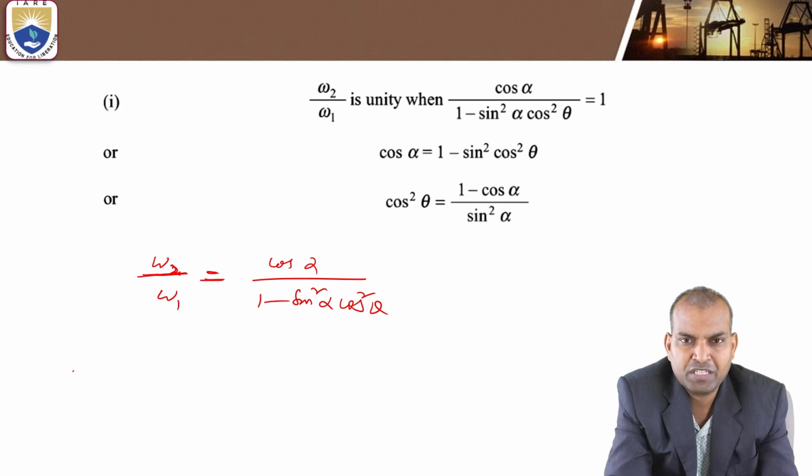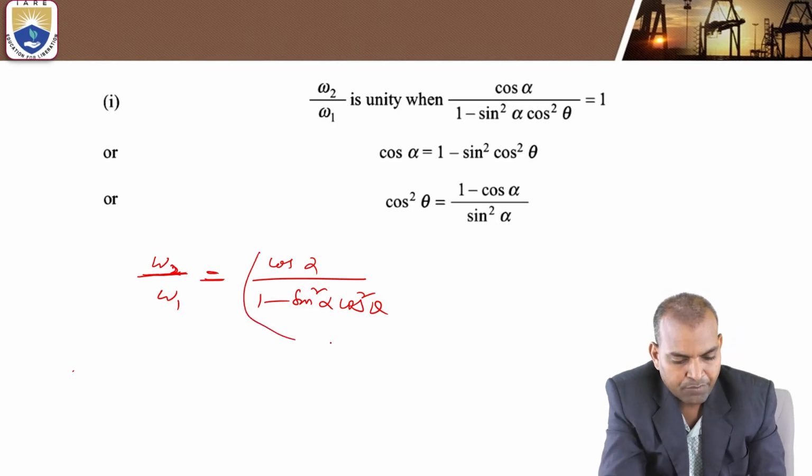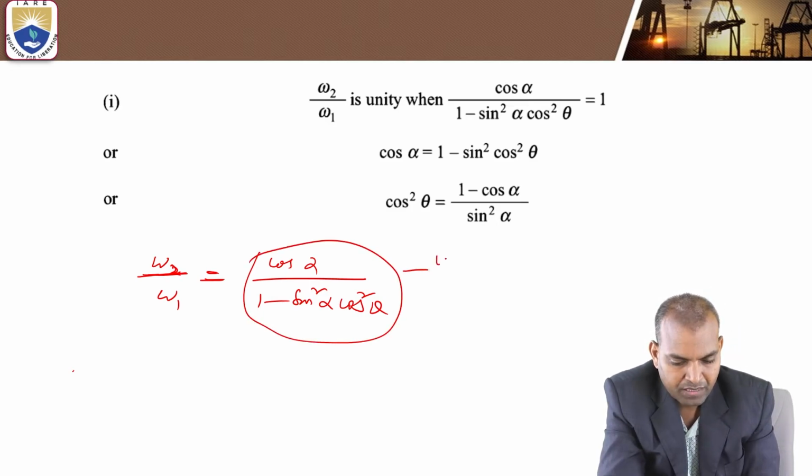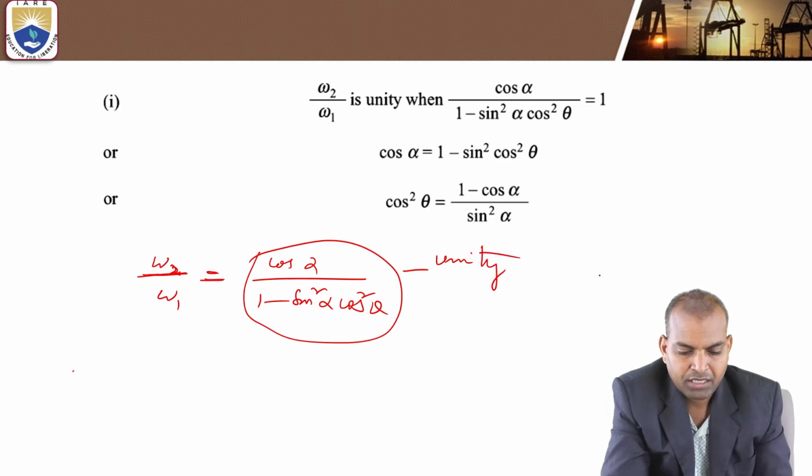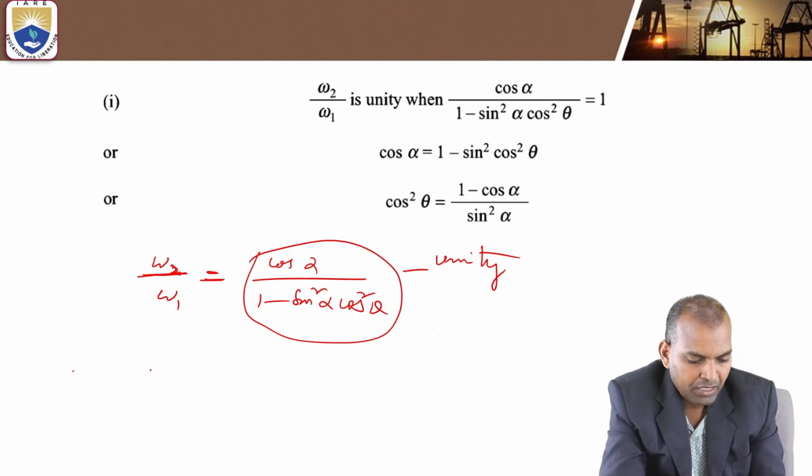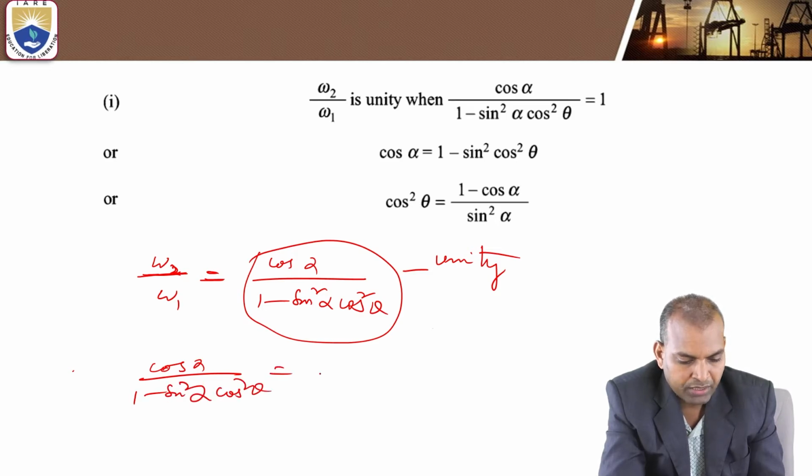The exact power is transferred when this term becomes unity, or equal to 1. When this term is equal to 1, then the ratio between the angle of inclination and the angle of the driving shaft, that is cos alpha by 1 minus sin square alpha cos square theta, equals 1.